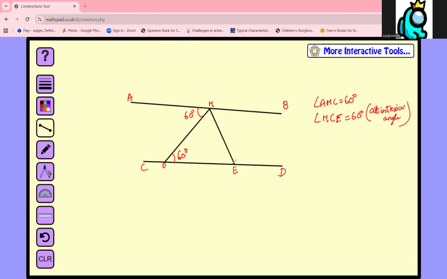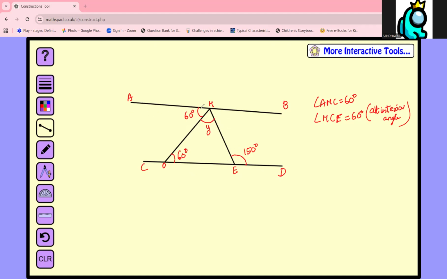Can you find some other angle here? For example, if this is given as 150 degrees, then what will be this angle? How can we find it?